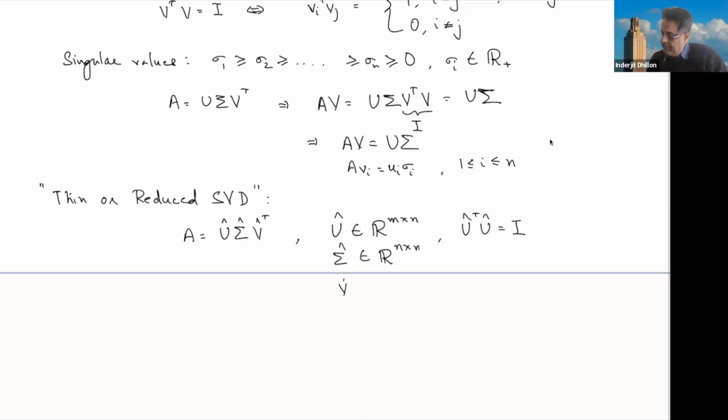And V hat is also a square matrix. And this is V hat transpose V hat equals identity. And this is now a square diagonal matrix.